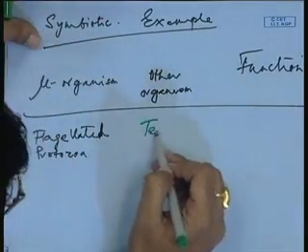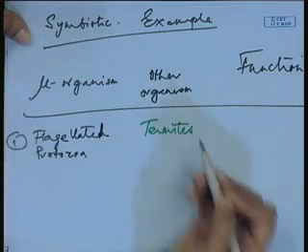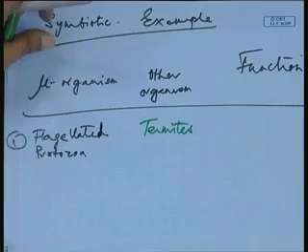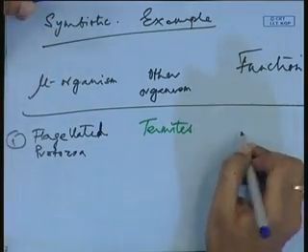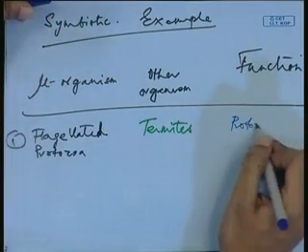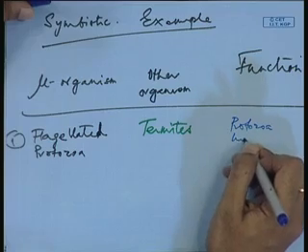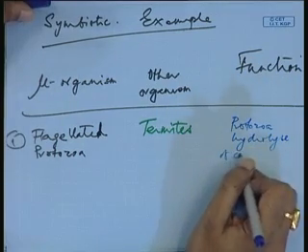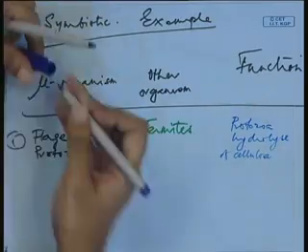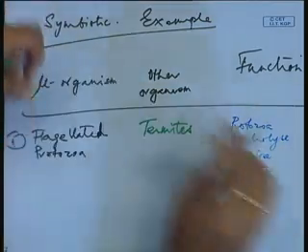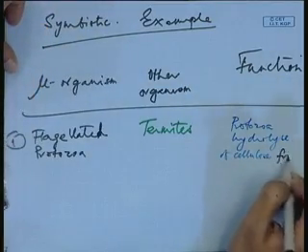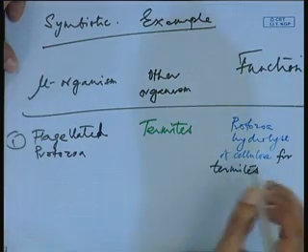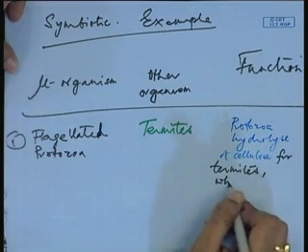Flagellated protozoa. This is termites, and the function is that protozoa carry out the hydrolysis of cellulose for termites, which the termites alone cannot digest.